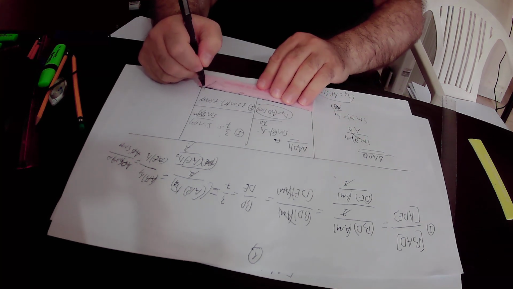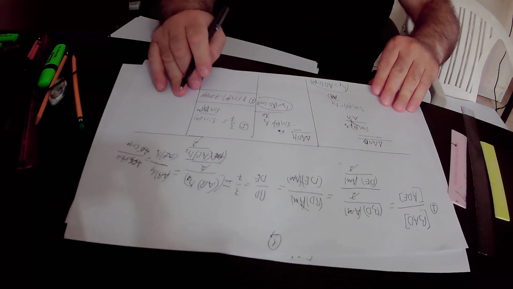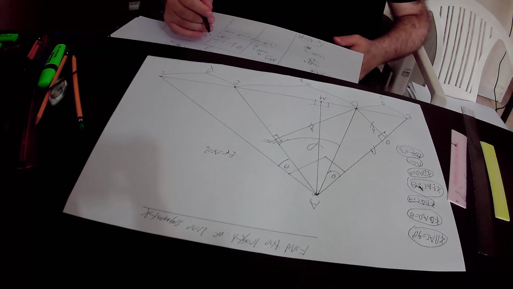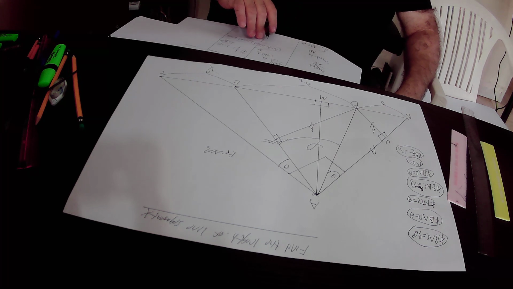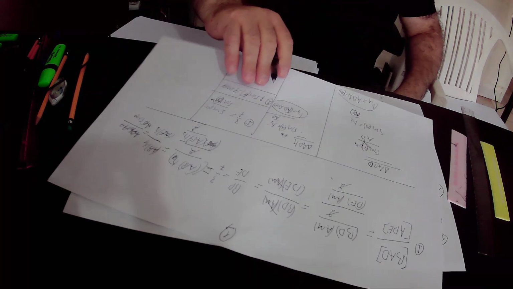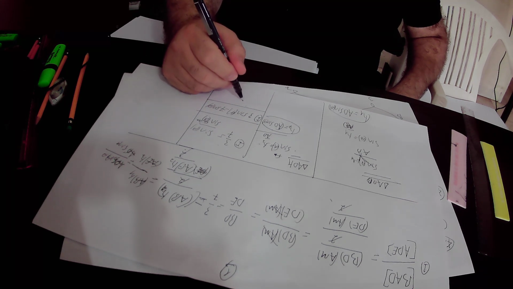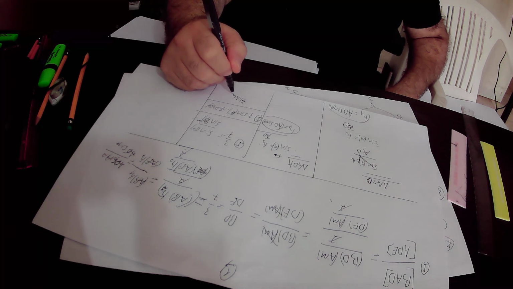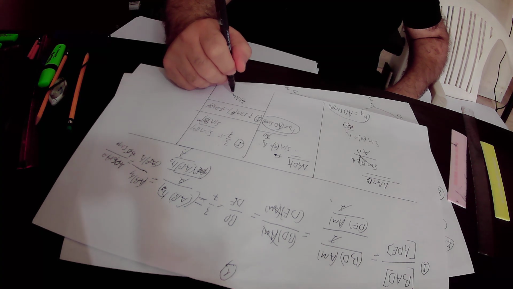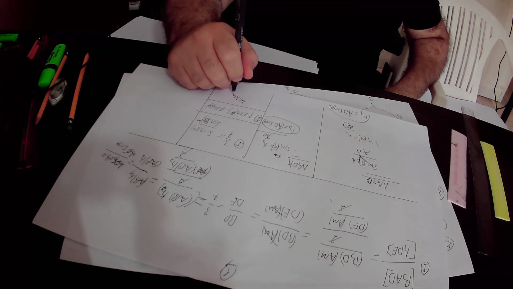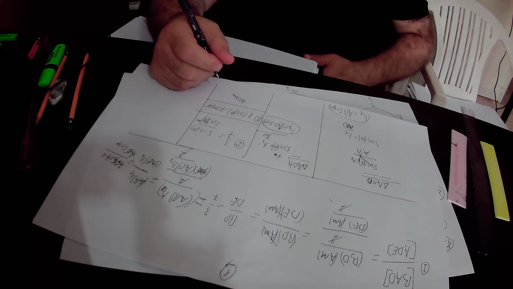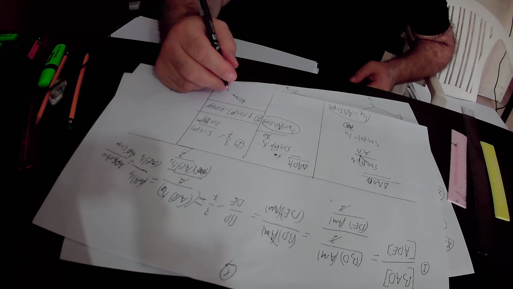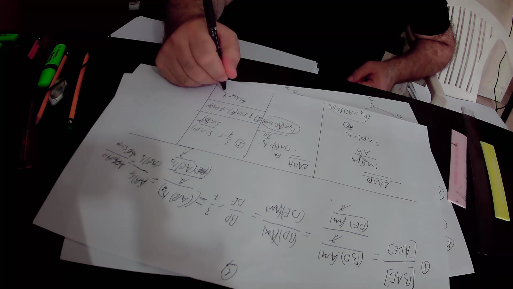Here we find out the value of angle alpha. Actually, according to the drawing, we know that angle BAC equals 90 degrees. It is given in the question.